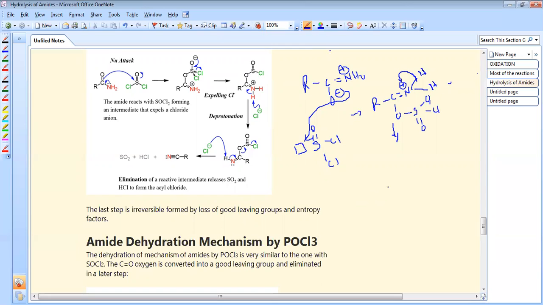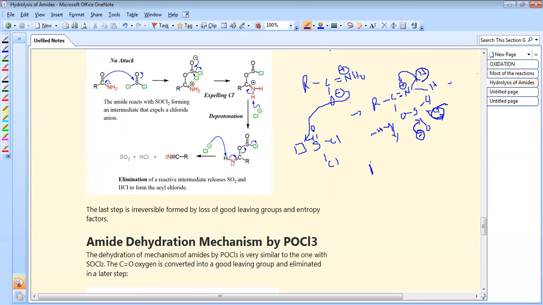When this is attached, the negative charge attacks the sulfur, which facilitates the shifting of one of the pi bonds of the S double bond O to the oxygen, so this becomes O minus and more electron rich. Again this negative charge will come back, one of the Cl minus is removed, and an H plus ion is removed, so both are removed as HCl.